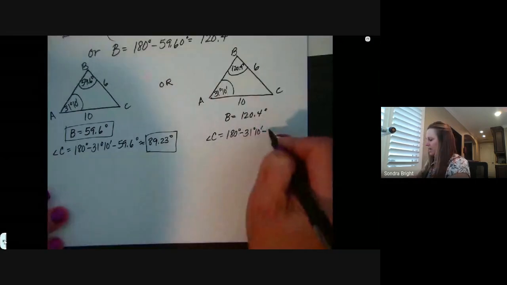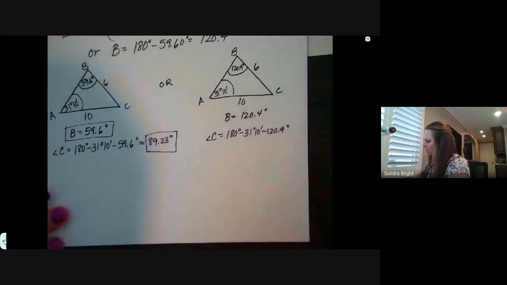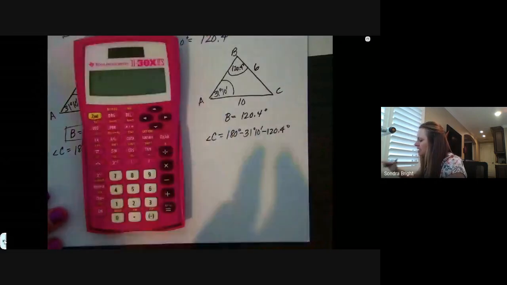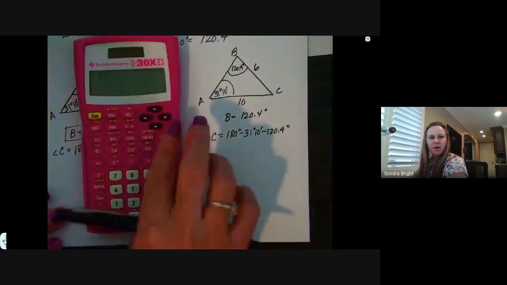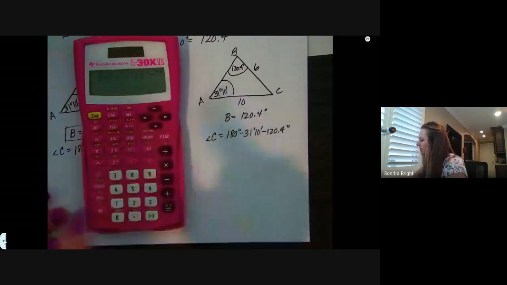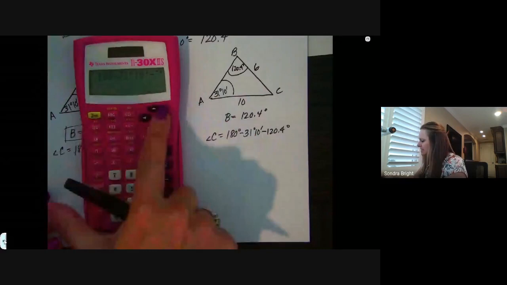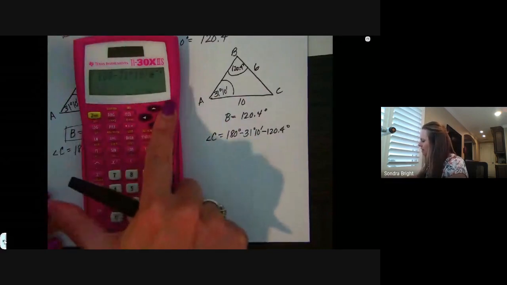Let's see what happens. I'm going to be lazy. If I arrow up, I still have the 180 minus the 31 degrees, 10 minutes, so I don't have to type all that in again. Yay. And then minus 120.4.